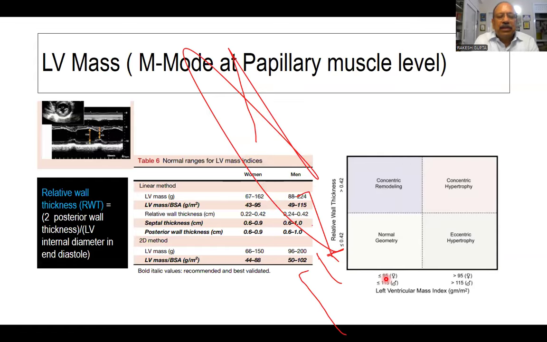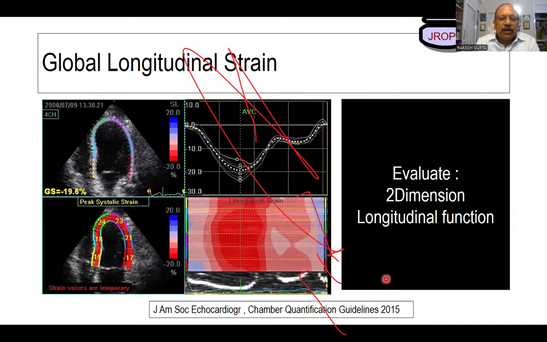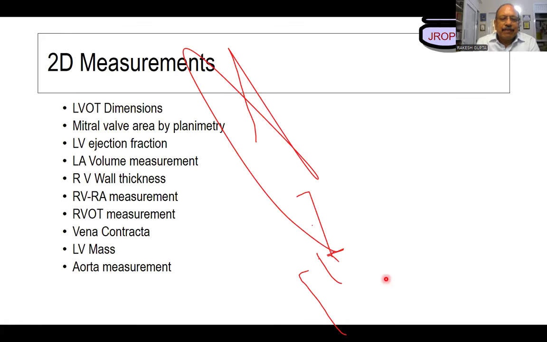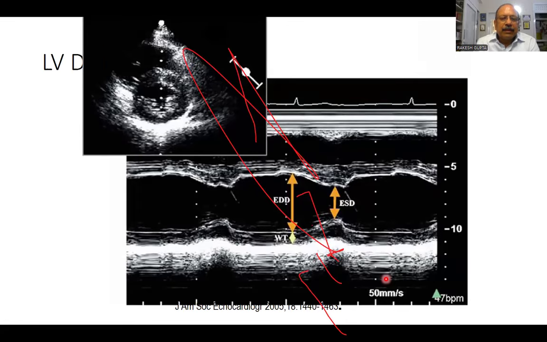Now, another important thing which is very, very useful in clinical practice. Let me go back to my previous slide. This is the parasternal short axis view at the papillary muscles level. I did an M mode over here. Now, what do I do?